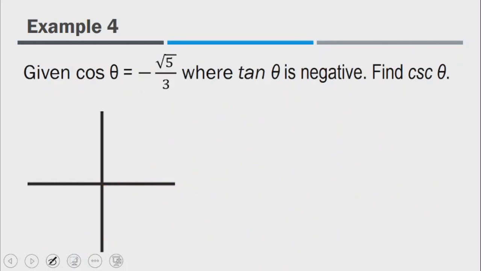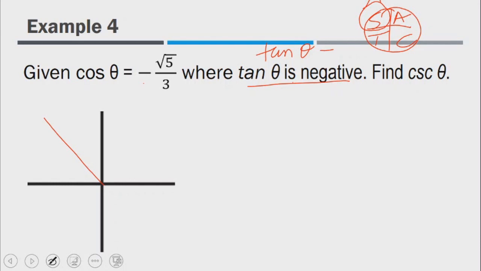In this question, we are given the cosine theta to be negative, and tan is also negative. So again, all students take chemistry. Cos and tan are both negative, so that means we are in the second quadrant, because in the second quadrant, only sine is positive.